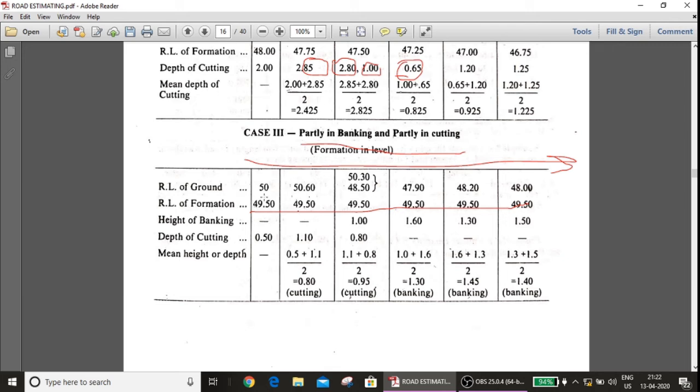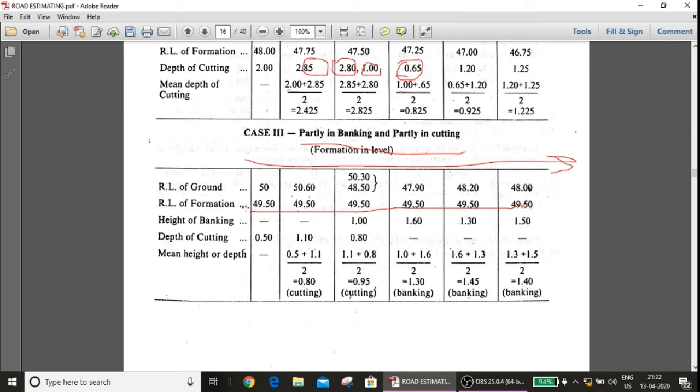So now RL of the ground 50 minus 49.50, we have to cut, 0.50 value. So ground minus formation, if we get a positive value, then we have to do cutting.